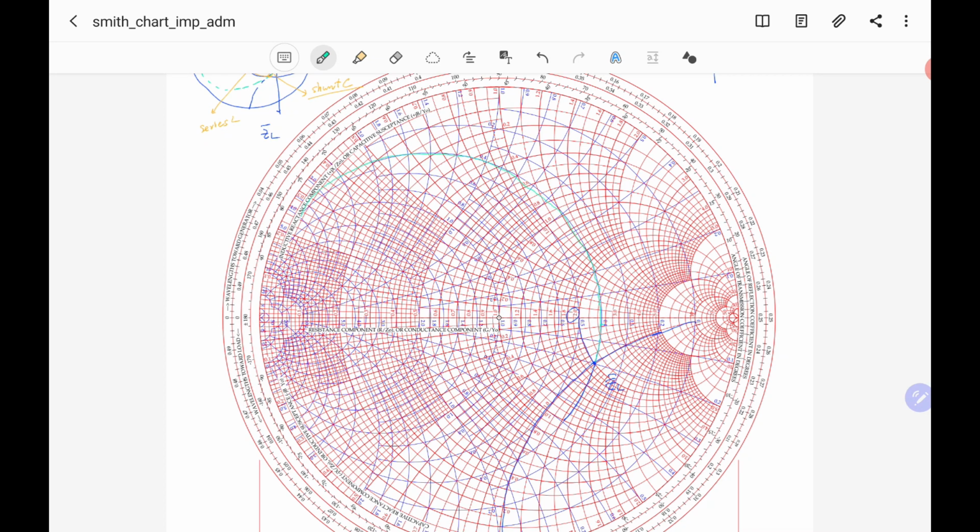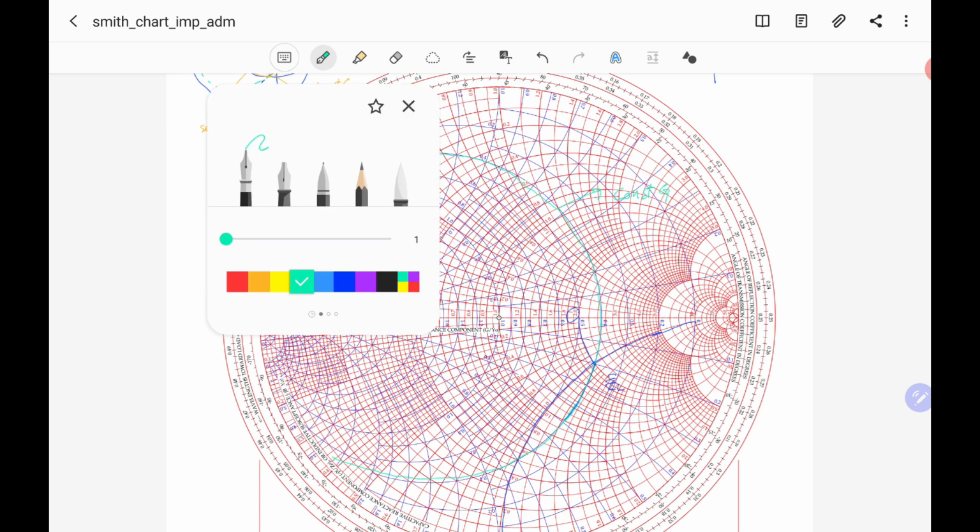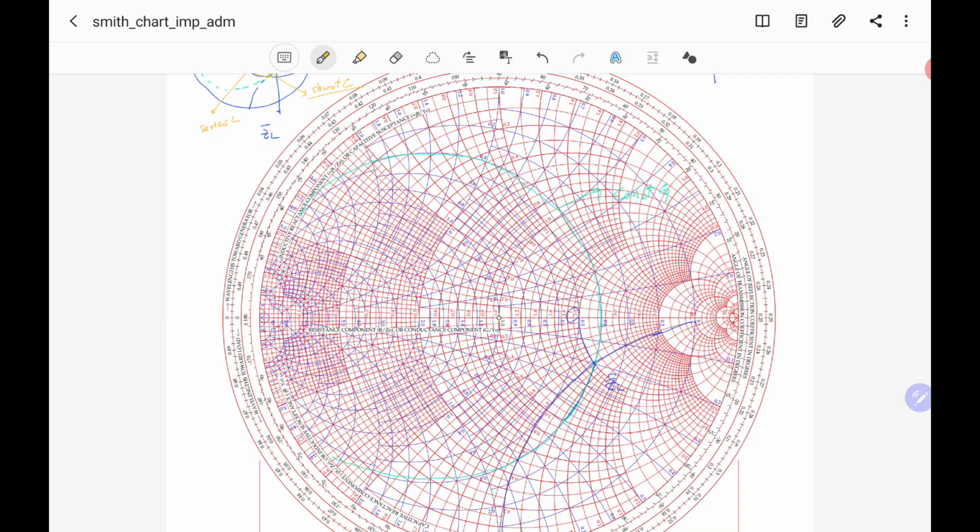Because we use a shunt C first, we follow this constant G circle. We move from here to this position, but we should stop at the r=1 circle.